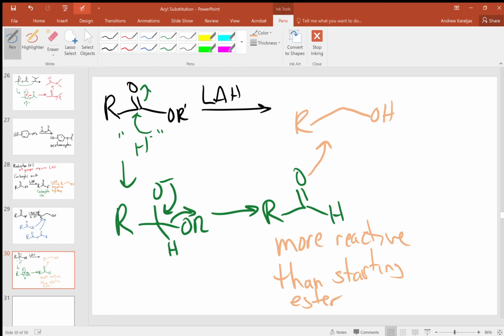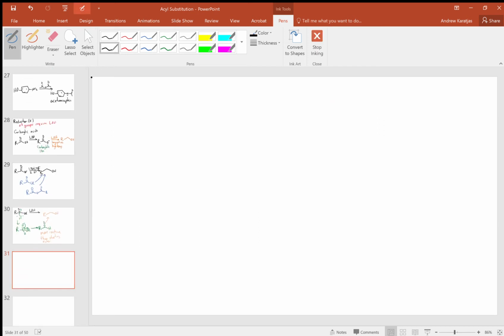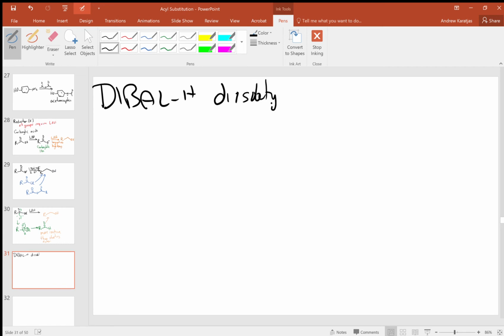But if we change the reagent and use something that is still better than sodium borohydride, but not as reactive, then it becomes feasible. And the reagent we use for that is known as DIBAL, or diisobutylaluminum hydride.